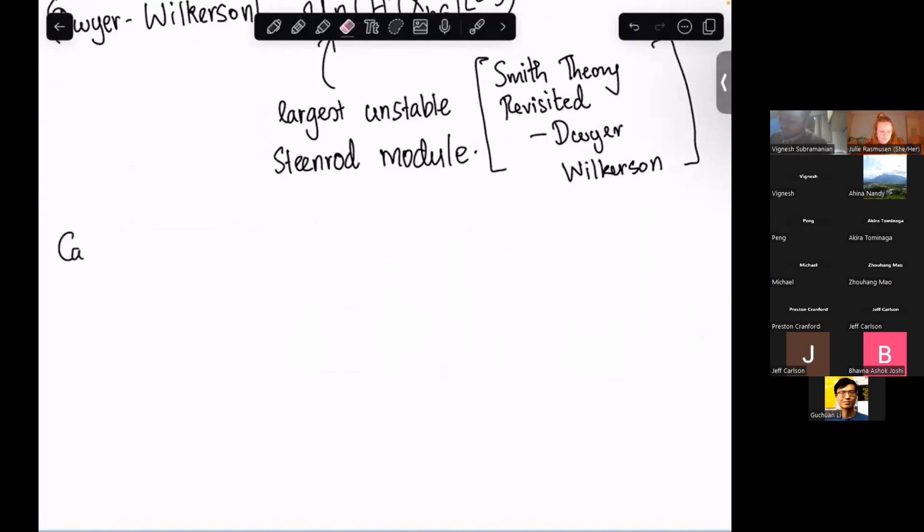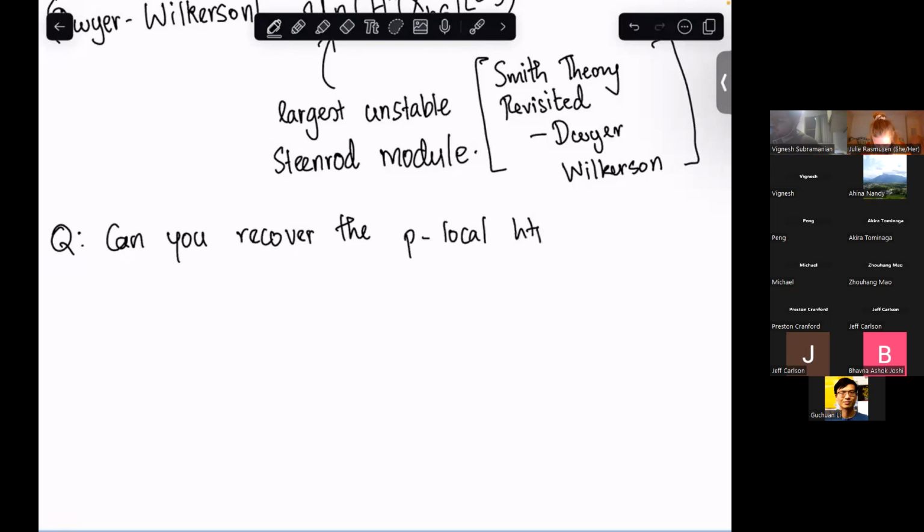So here is the question. Can you recover the P local homotopy type of X^G?